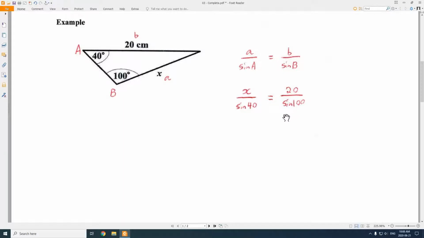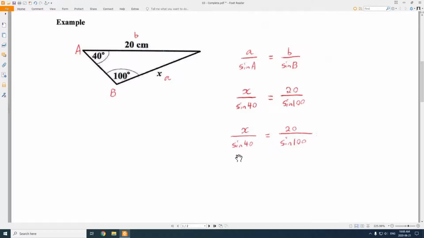All right, so I plugged everything in. Remember that sine 40 and sine 100 are just decimal numbers, so you can solve this equation just like any regular equation and treat those as numbers. I'll rewrite it one more time. We want to solve for x, so what do we need to get rid of? The sine 40.